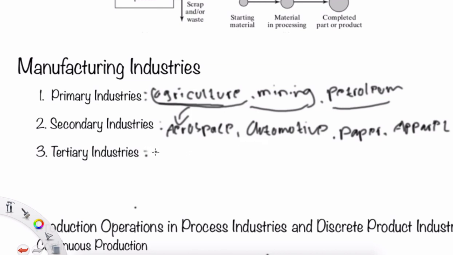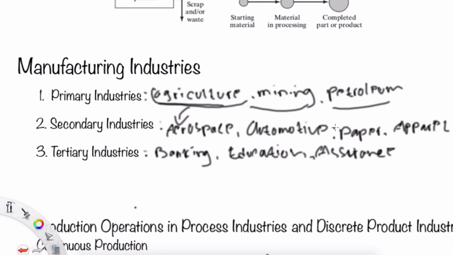Examples of service sector industries are banking, education, insurance, hotels, and other examples. But our focus is on the secondary industries.